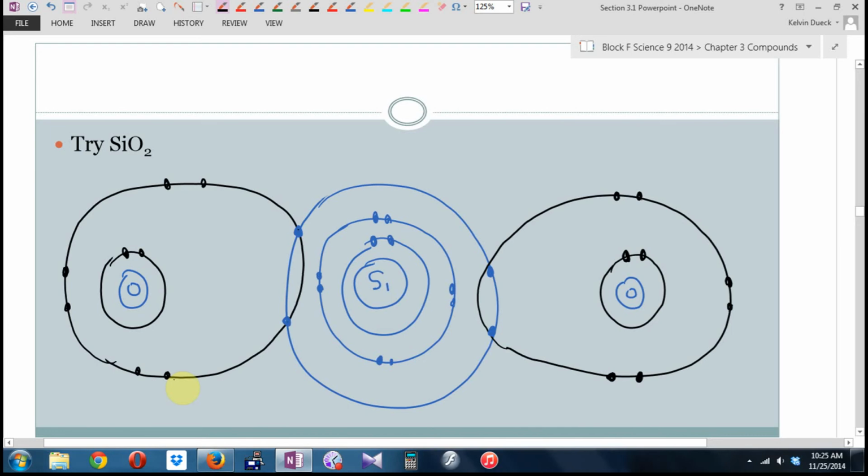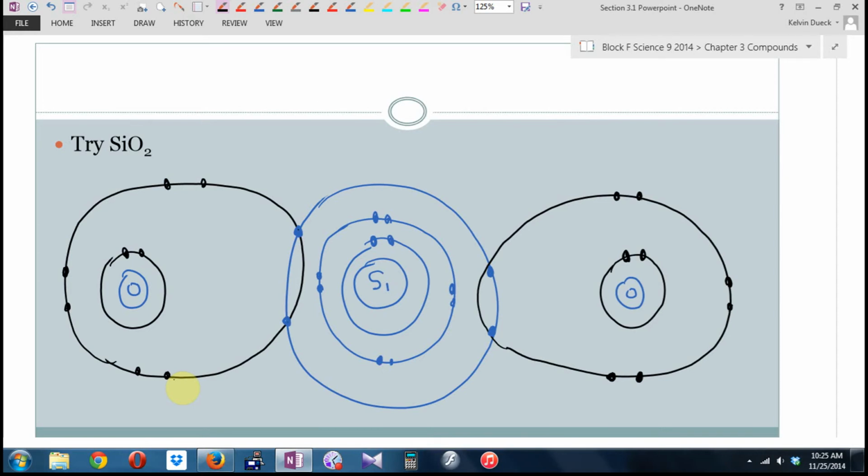How many electrons does silicon have normally if you count from the left? 1, 2, 3, isn't it 4? Find silicon. 4? How many blue dots have I drawn in my outer shell already? Uh-oh. What's the problem?